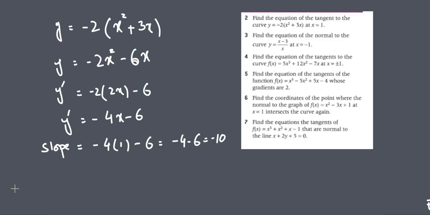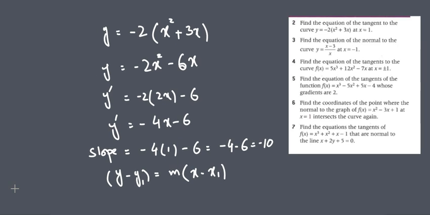Now I am given the equation y minus y1 equals m into x minus x1. I can choose x1 as my point, and then I have to calculate its functional value at x1.